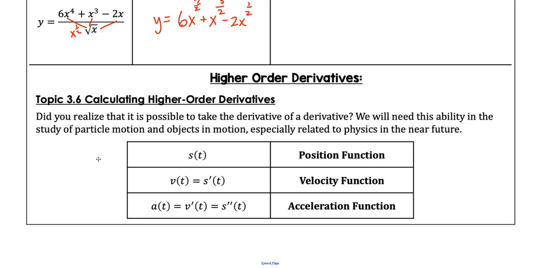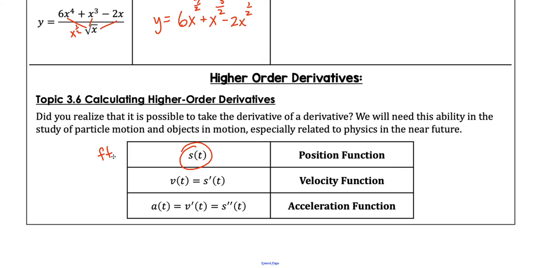Okay. Well, if you look at your position function, the derivative of the position function, let's just say position is in feet. If I take the derivative of something that's in feet, do you remember what derivative represents? Like, I know you're going to say slope, but do you remember what slope represents?